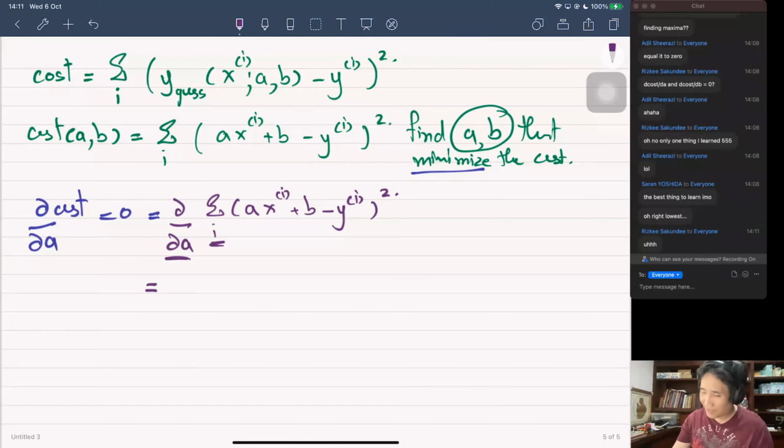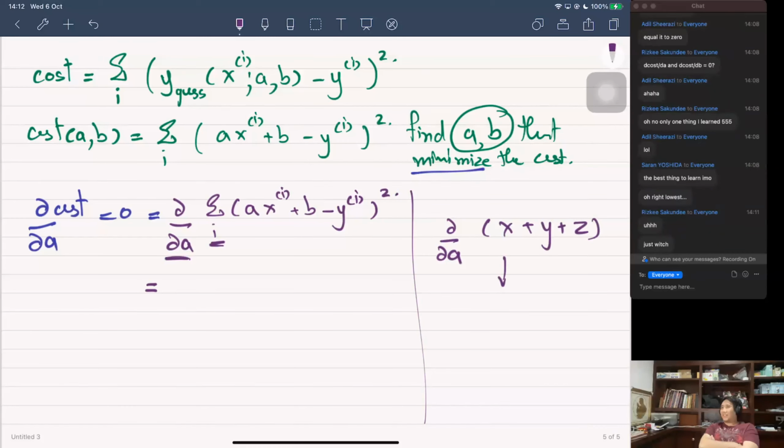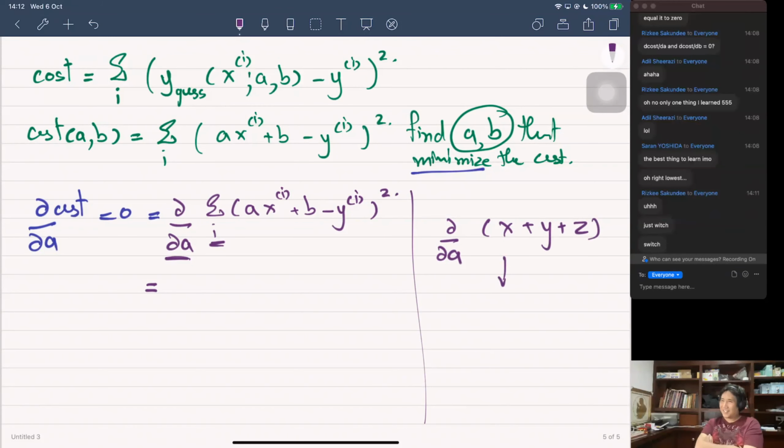Let me remind you of some facts from calculus. The sum is nothing but like x plus y plus c, right? What do you do? Just switch.